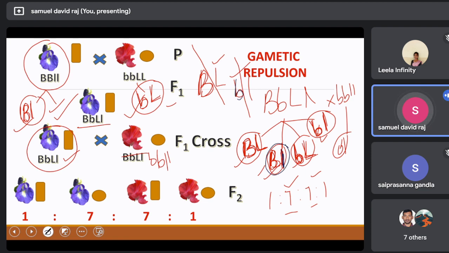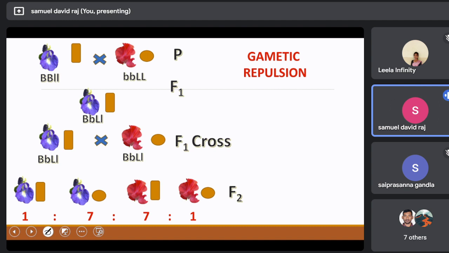Likewise, small b, because it is repelling, is combining with capital L. This phenomenon where the dominant genes and recessive genes repel each other is called by Bateson and Punnett gametic repulsion.